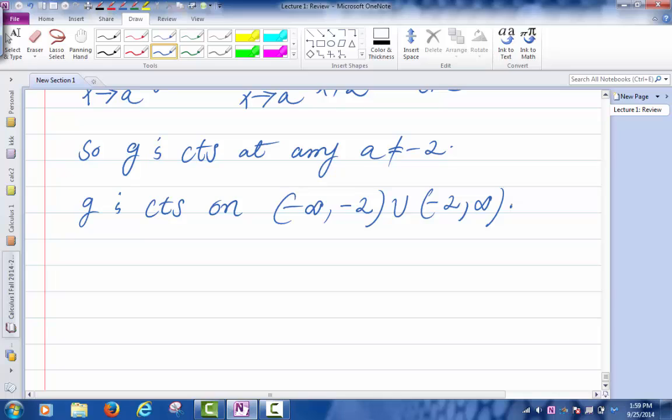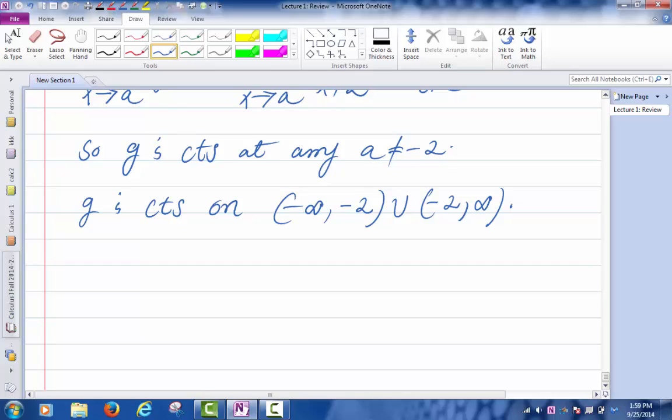At the end of the day, what we're saying is that if I have a rational function, it is continuous on its domain, right? If you look at what I wrote down there, it's exactly the domain of the function. So a rational function is always going to be continuous on its domain.